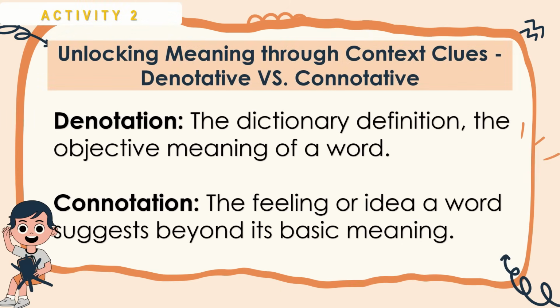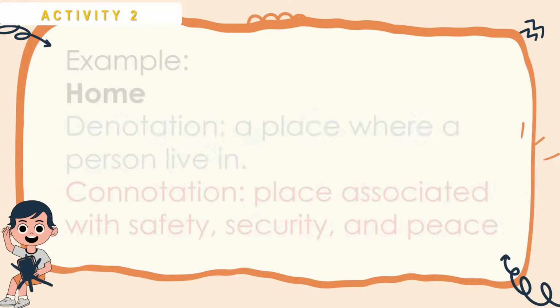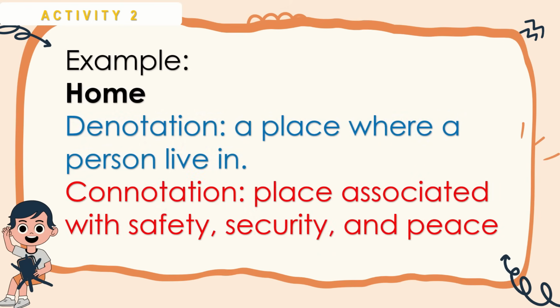Unlocking meaning through context clues, denotative versus connotative. Denotation, the dictionary definition, the objective meaning of a word. Connotation, the feeling or idea a word suggests beyond its basic meaning. Example, home. Denotation, it is a place where a person lives in.